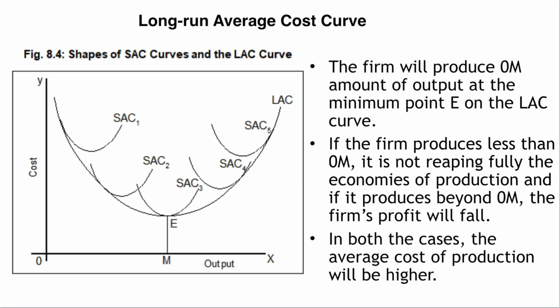The firm will produce OM amount of output at the minimum point E on the LAC curve. If the firm produces less than OM, it is not reaping fully the economies of production, and if the firm produces beyond OM, the firm profit will fall. In both the cases, the average cost of production will be higher.